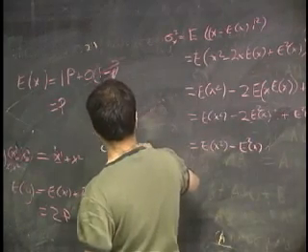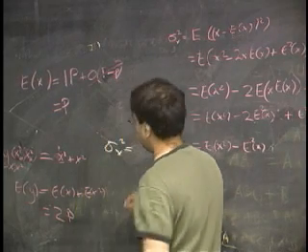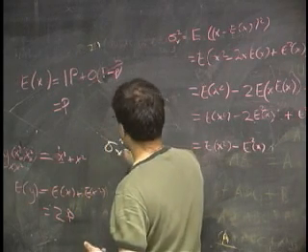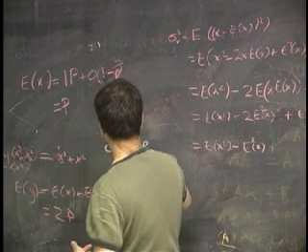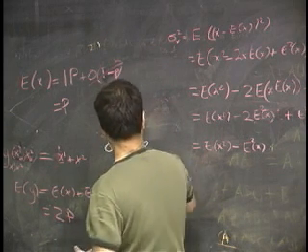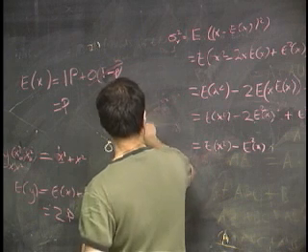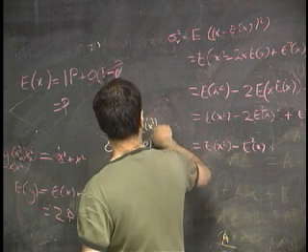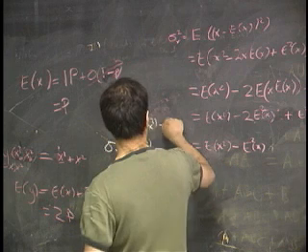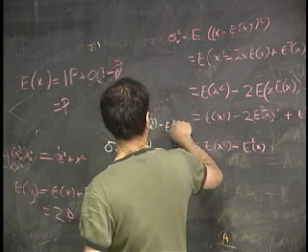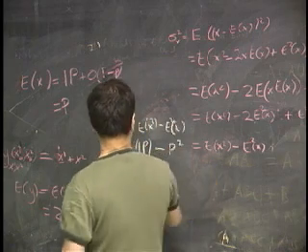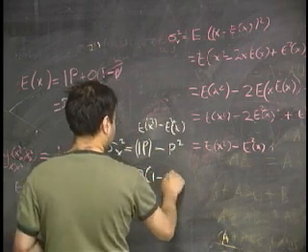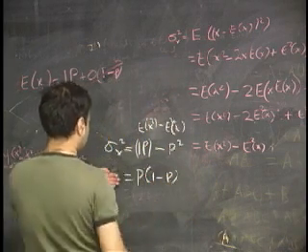The expected value of x squared is 1 times p, and that's the expected value of x squared. And this is minus the expected value of x squared, which is equal to p squared. So that's equal to p times 1 minus p. That's the variance of x.